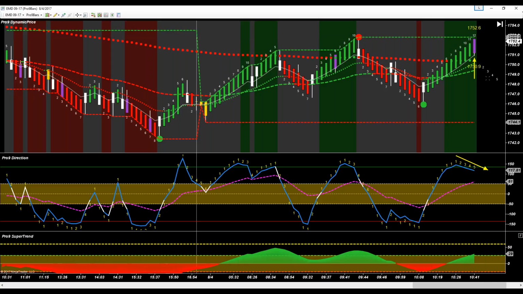And we can also see that in the super trend, that we don't have extremely strong upward momentum here. Coupled with this blue line coming down, I have this cycle starting with my super trend, and have just come outside of the neutral zone here with my purple line.